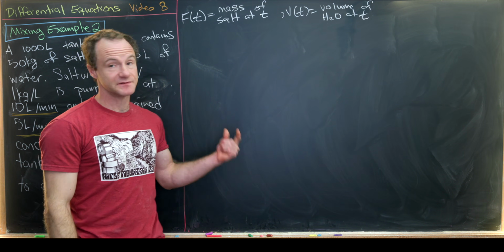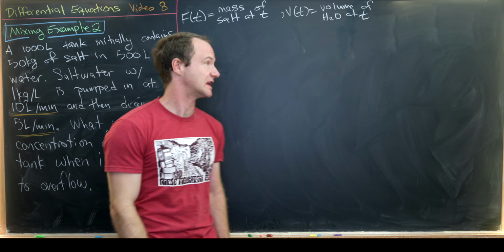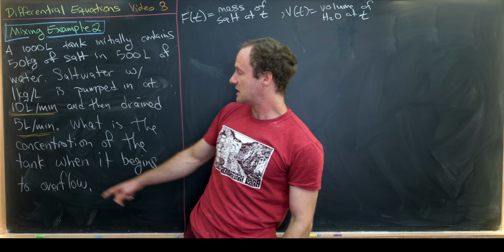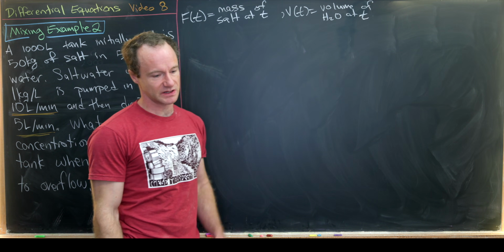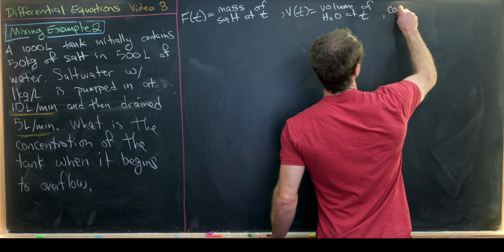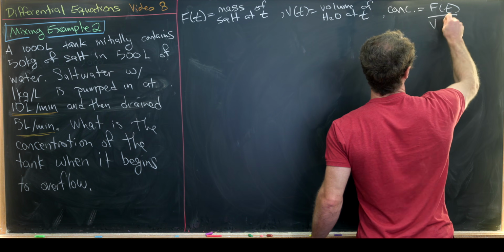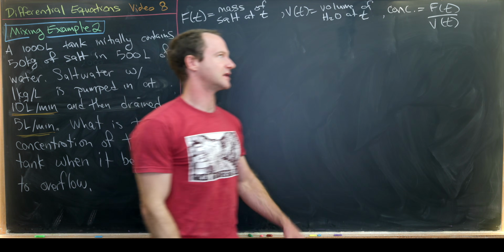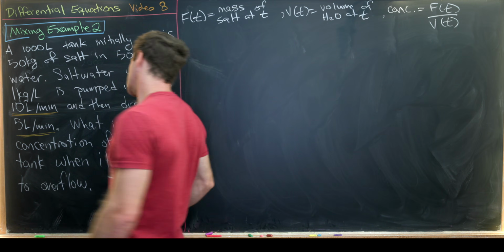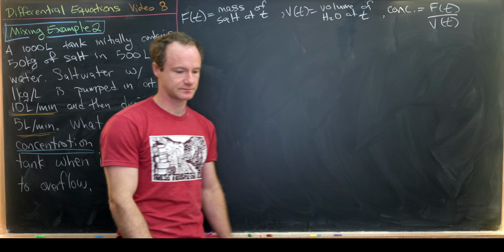So notice that V of 0 is most definitely equal to 500. That's just a given. And then we can extrapolate the value of V given this difference in 5 and 10, which we'll do. Then notice our concentration. The concentration is F of t over V of t. So that'll be an important thing to calculate at the very end because our last goal is to determine this concentration.